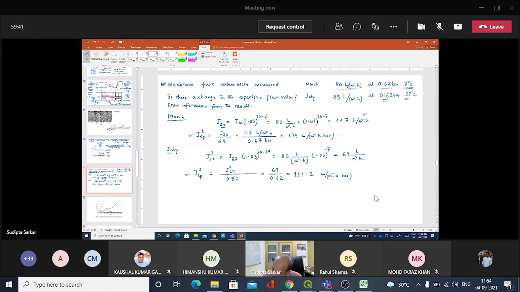Now we can see there has been a deterioration in performance, because for the same membrane the specific flux, or the flux per unit pressure, would have been the same, but this is showing a difference. It is 175 here, and now it is showing 111. So something has happened, but let us calculate the percentage loss in performance.